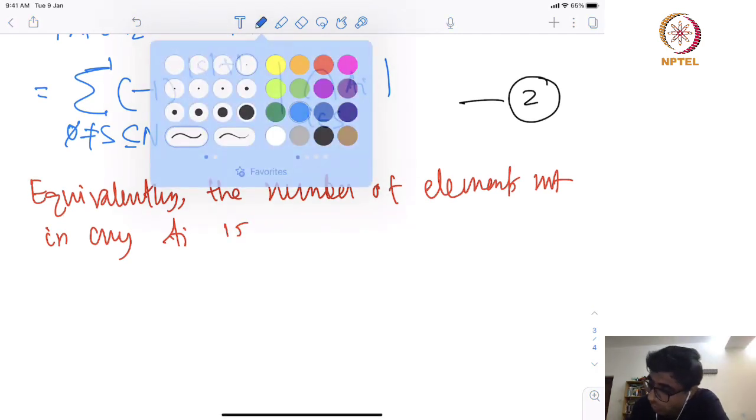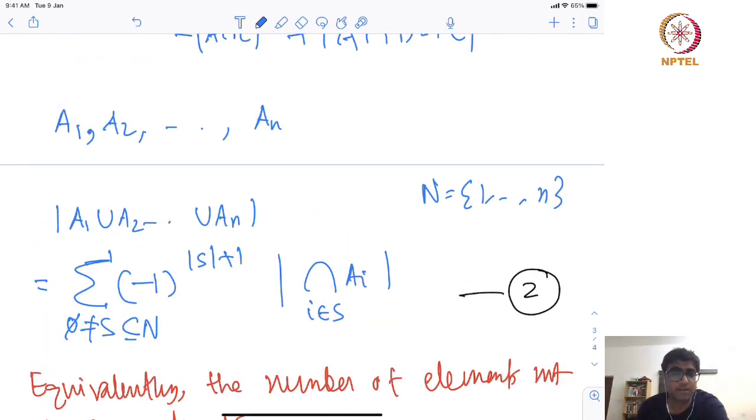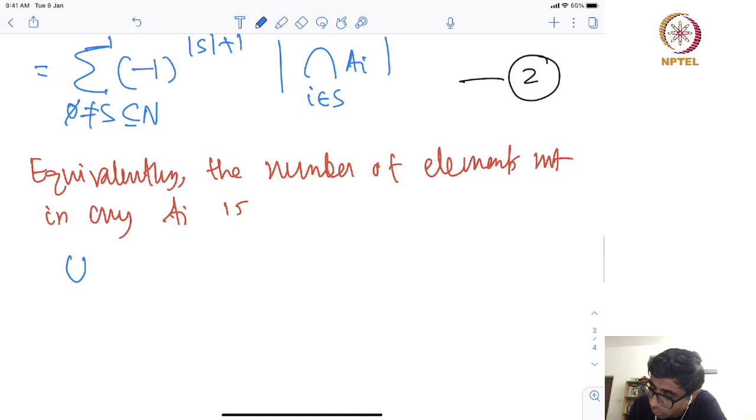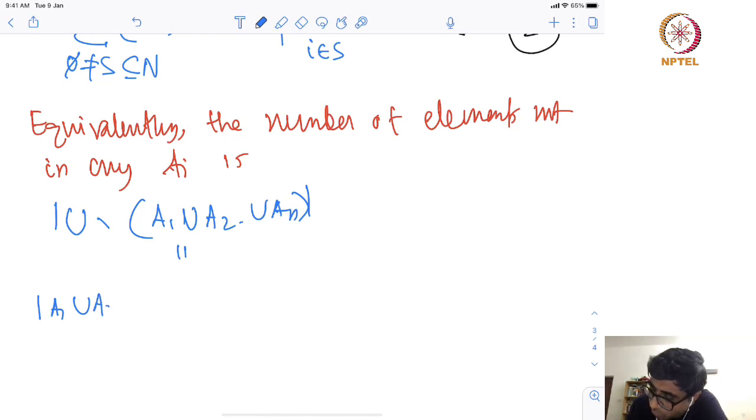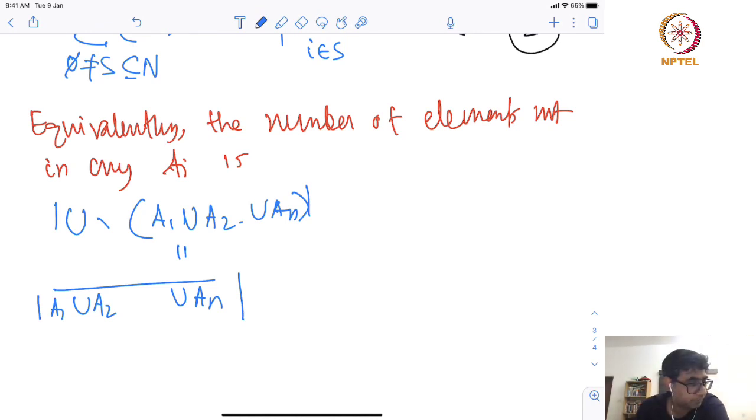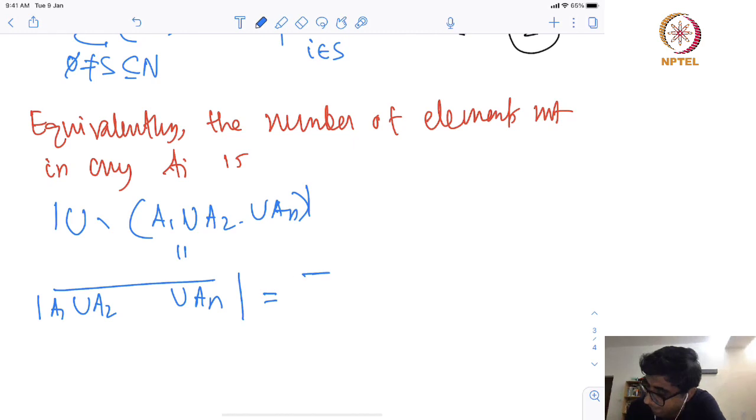Suppose now, we were counting all the elements that occur in the union, but suppose I wanted to count the cardinality of the universe U minus A1 union A2 union ... union AN, which is the complement of the union.